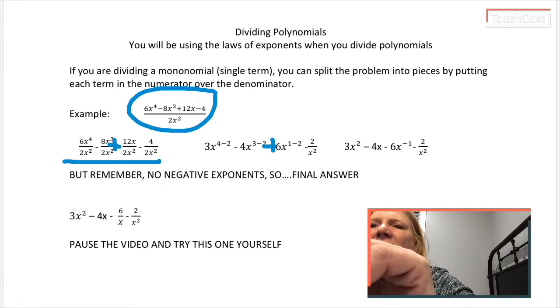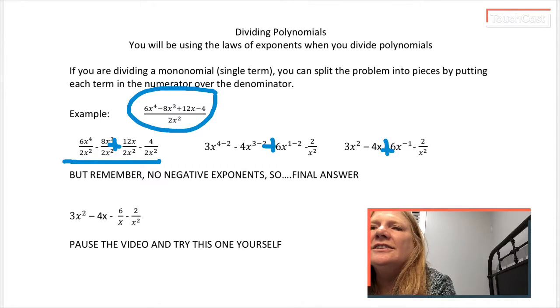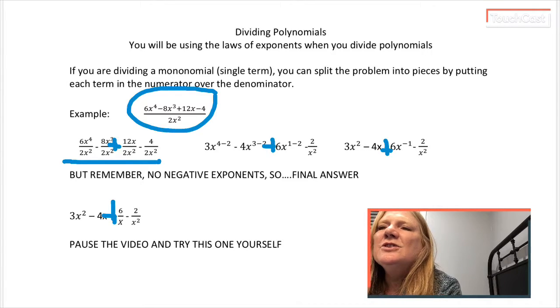That would be plus. This was hard to write, so I don't want to do it all again. Plus. And then on our last one, that was going to be a plus. Sorry, that's a little big. Anyway, so you take each term.